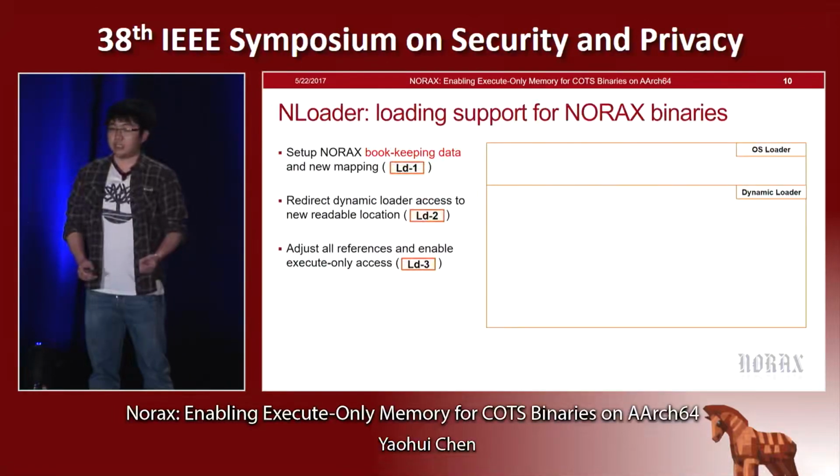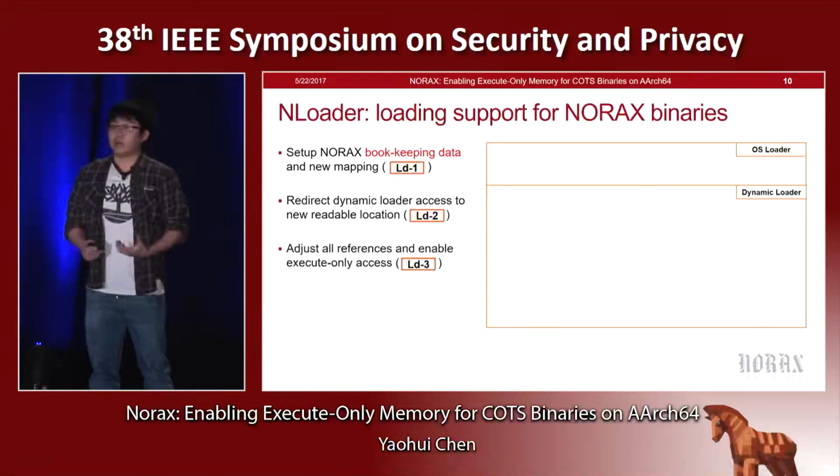In LD1, it sets up the Norax bookkeeping data, which I will discuss in the next slide. Also map the executable data to the new location accordingly. And in LD2, it redirects all the dynamic loader accesses to the new readable location by updating the dynamic session. And lastly, in LD3, it adjusts all the references and then enables zone on a modular basis.